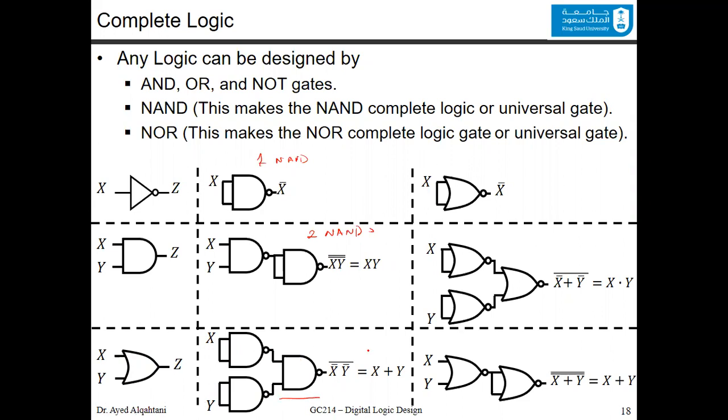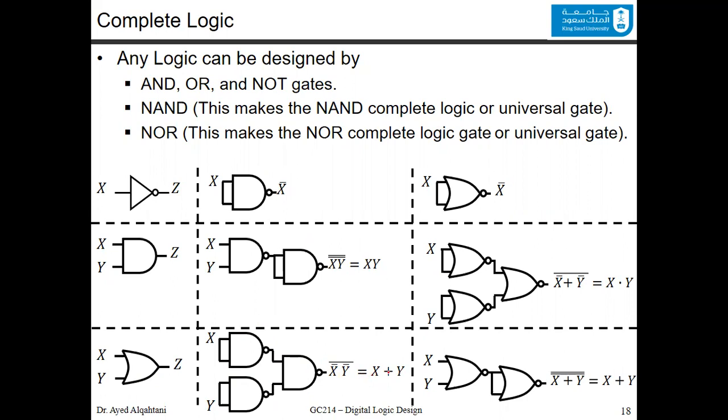To understand this, you need to prove that this equation is equal to this equation. We know that this is the OR that we want. And here, by this design, we are trying to prove that X bar ANDed with Y bar, all bar, is equal to X or Y.